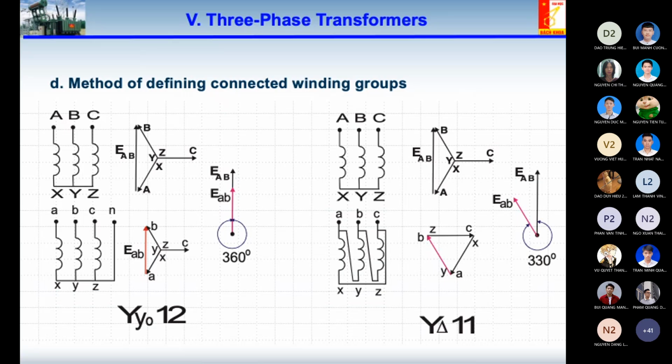I would like to come back to the whiteboard and show you. I think it's better for all of you to understand how to draw the vector group of a three-phase transformer.